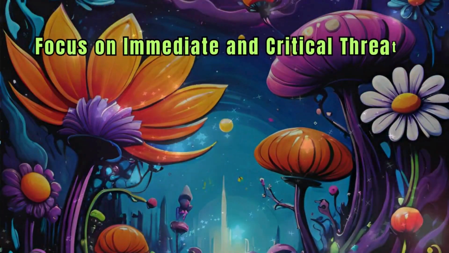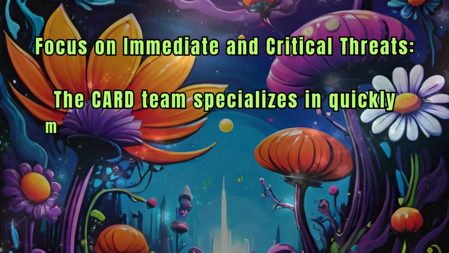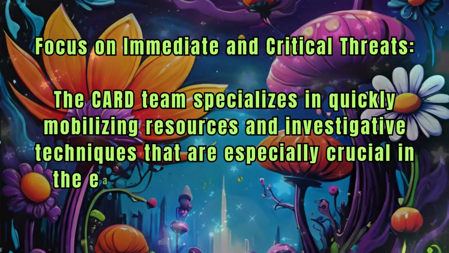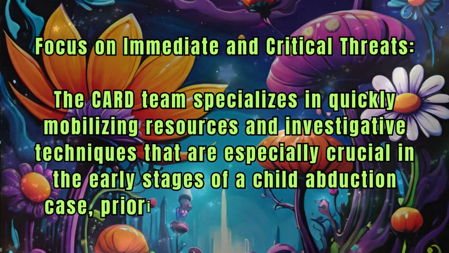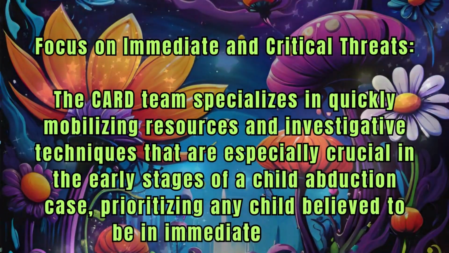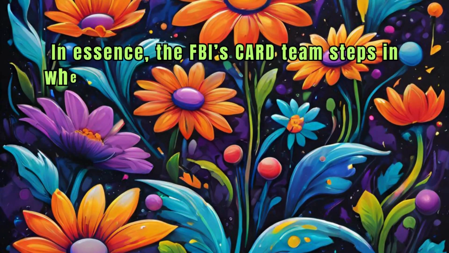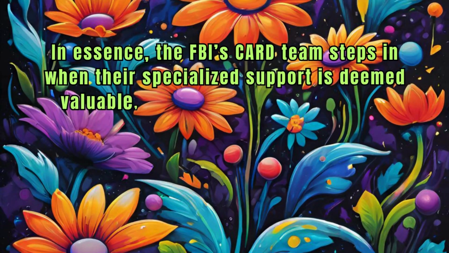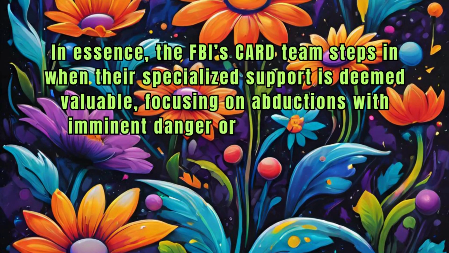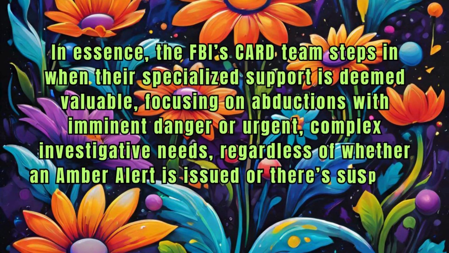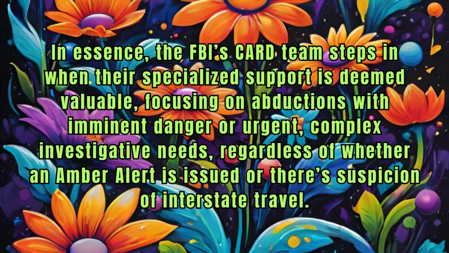Focus on immediate and critical threats. The CARD Team specializes in quickly mobilizing resources and investigative techniques that are especially crucial in the early stages of a child abduction case, prioritizing any child believed to be in immediate danger. In essence, the FBI's CARD Team steps in when their specialized support is deemed valuable, focusing on abductions with imminent danger or urgent, complex investigative needs, regardless of whether an Amber Alert is issued or there's suspicion of interstate travel.